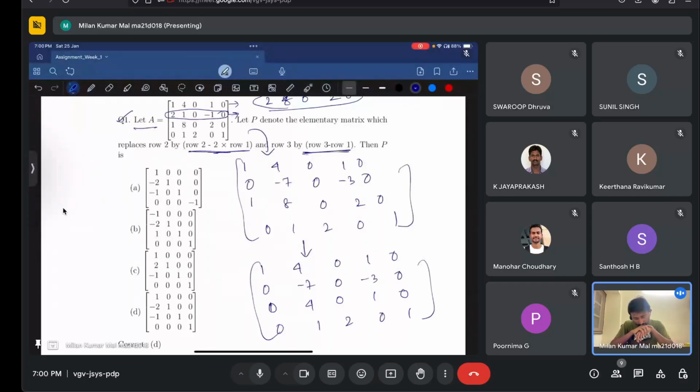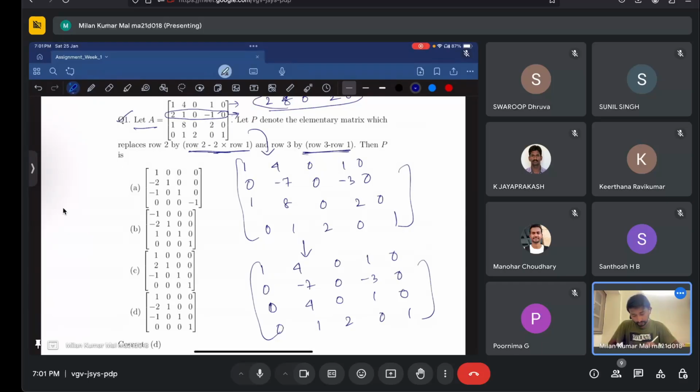Sorry, the question was different. Let P denote the elementary matrix which replaces row 2 by row 2 minus 2 times row 1 and row 3 by row 3 minus row 1.